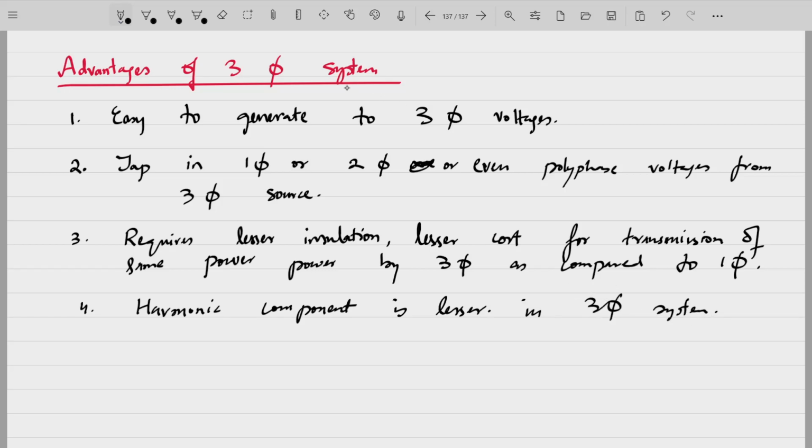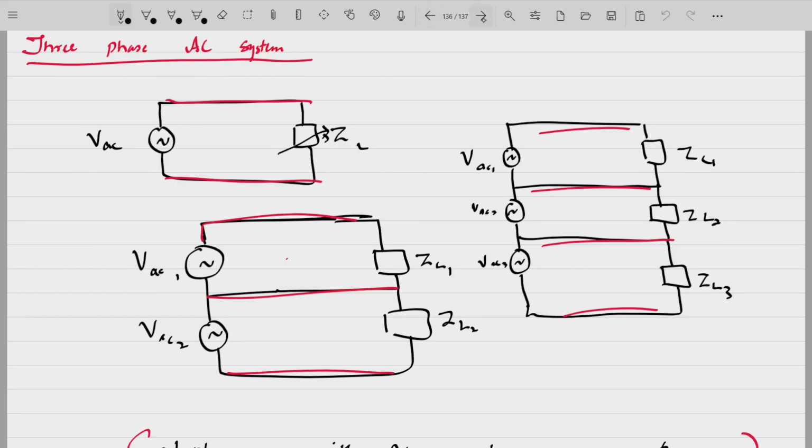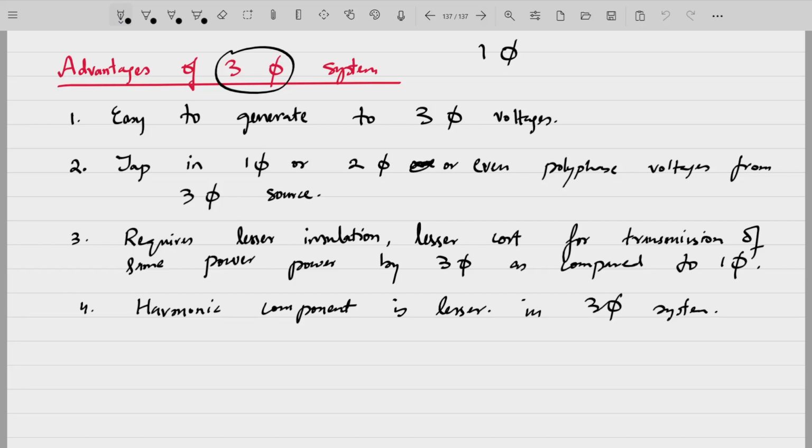What I'm writing here, 3 pi, is a representation used for representing three phase, or you can use 1 pi to represent one phase. So in a three-phase system, your harmonic component is reduced.